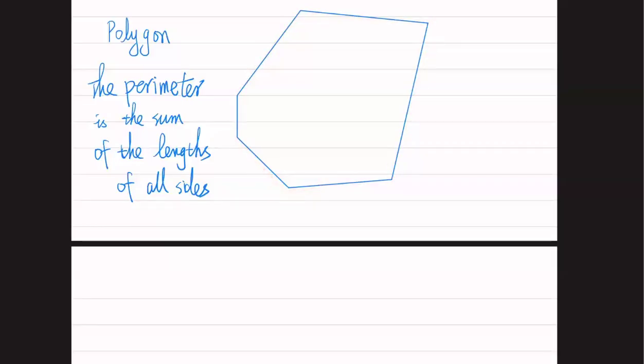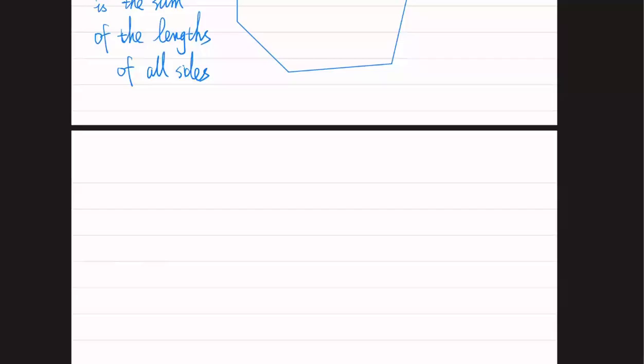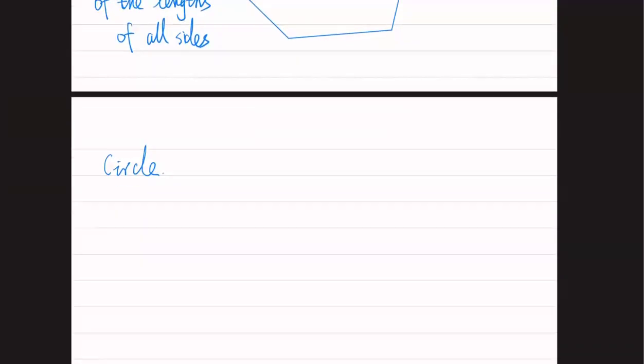A very difficult thing in the history of mathematics is to find the length of a circle. So a circle. The geometry of this is very simple. It consists of points with the same distance.